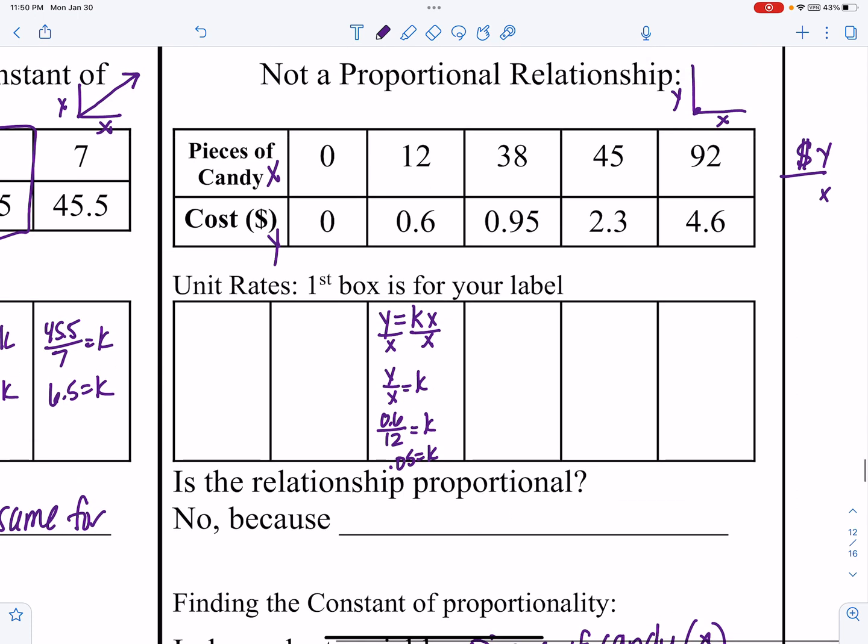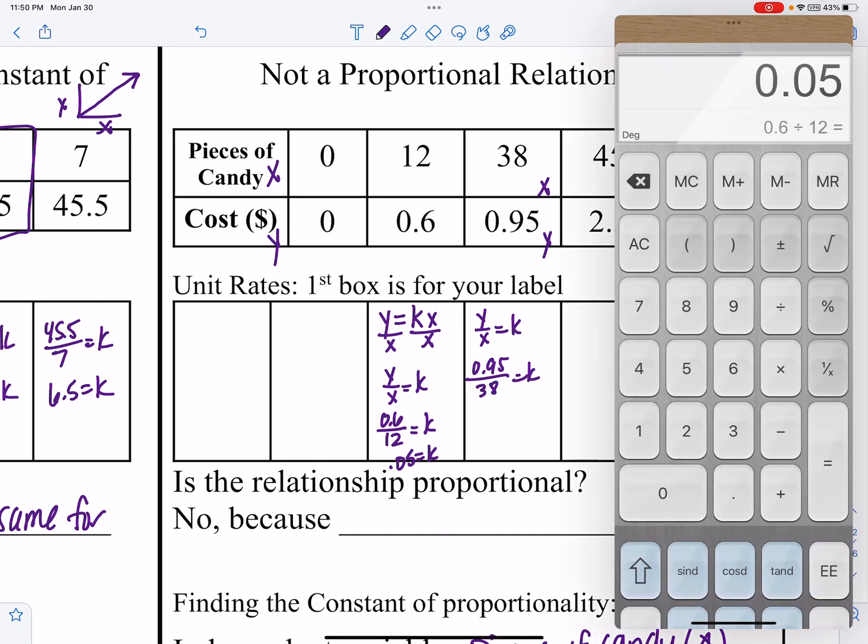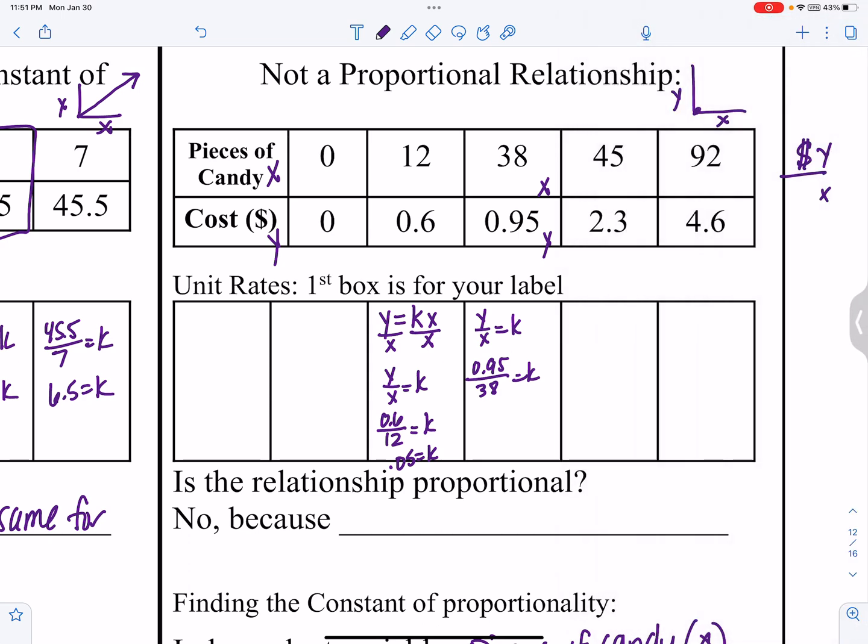Let's go ahead and test them out, though. Here's my y, here's my x. We do y over x equals k. And so we have 0.95 over 38 equals k. Let's go ahead and do this division. 0.95 divided by 38 equals 0.025.